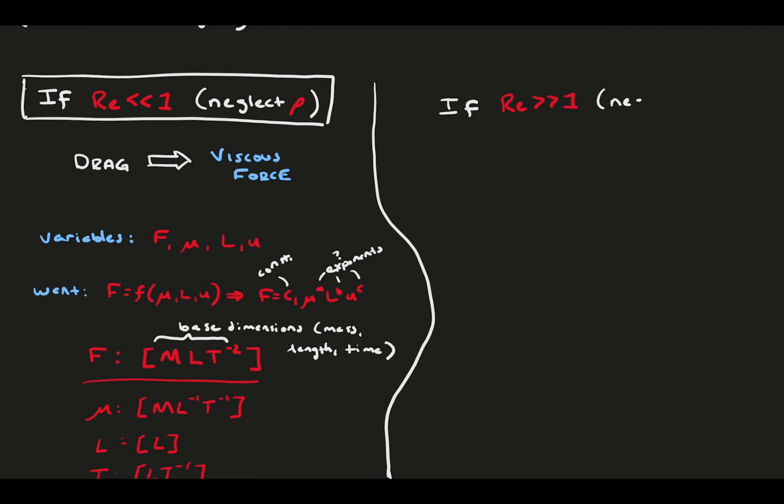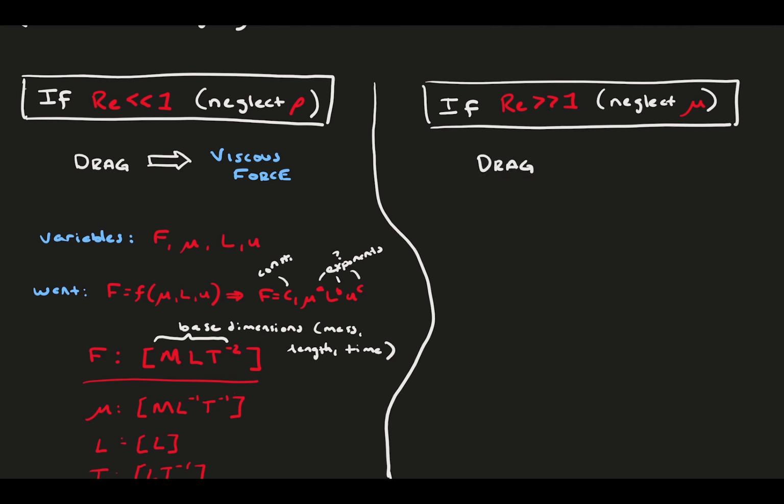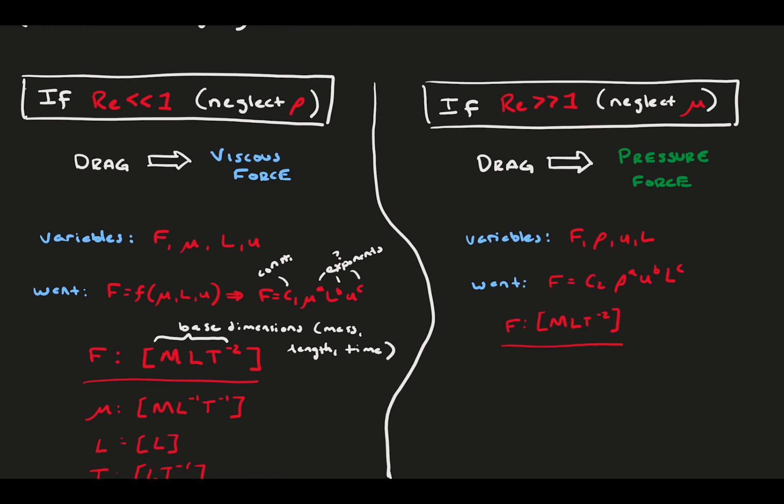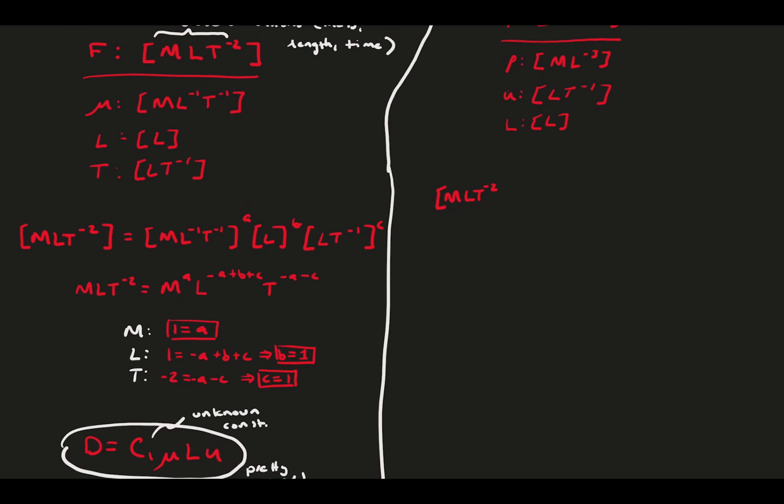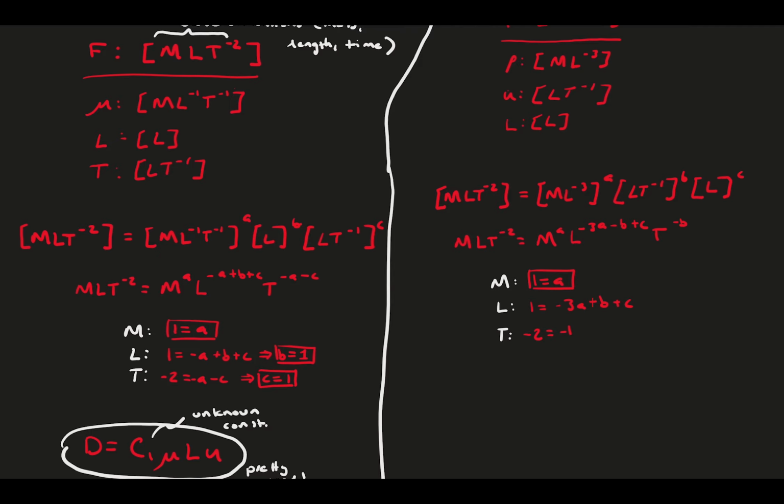When the Reynolds number is much larger than 1, we can neglect the viscosity, mu. Here, we're going to go through our dimensional analysis again, but in double time. Gather your variables, F, rho, u, and L. Set up your generalized equation that you want, F as a function of rho, u, and L. Set up the base dimension equation. Gather like dimensions and distribute your exponents, and solve this system of equations for your exponents.